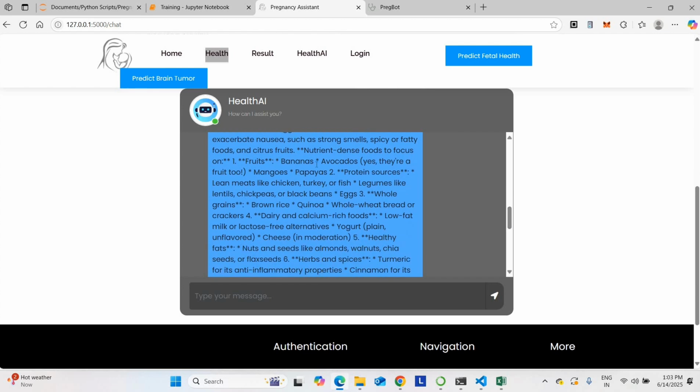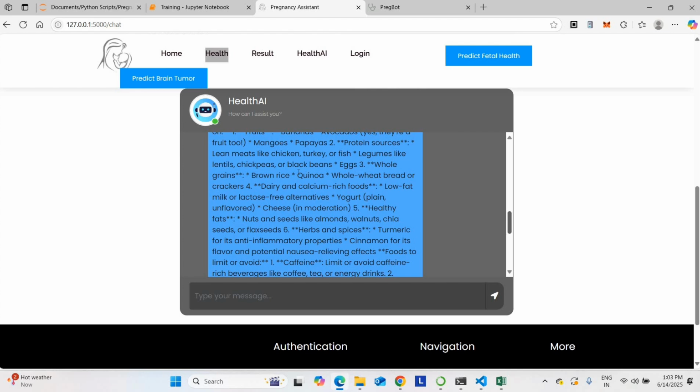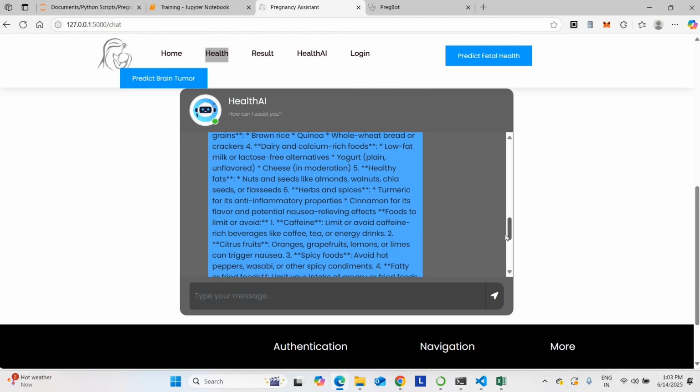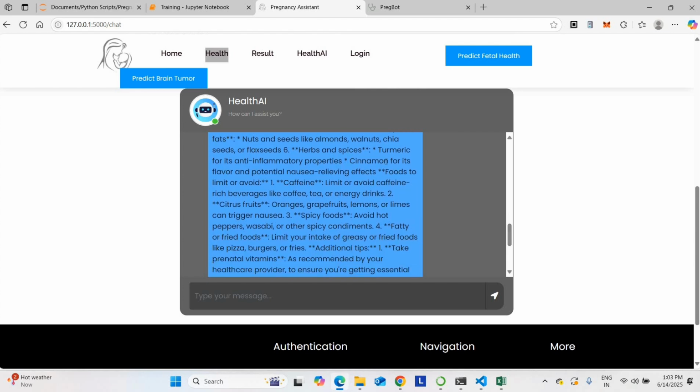To follow your pregnancy nutrition, you have to take bananas, avocados, mangoes, papayas, and protein sources. Then you have to take chicken, turkey as well as fish. Then go for 3 eggs per day. For whole grains, you can take brown rice as well as whole wheat bread. For dairy, you have to take low-fat milk as well as yogurt.